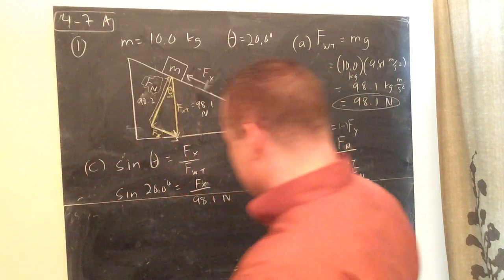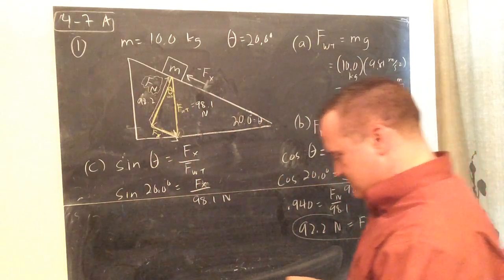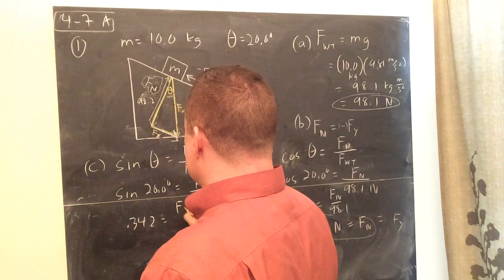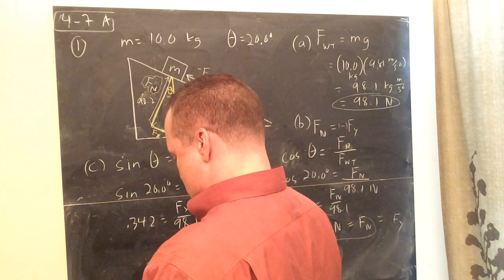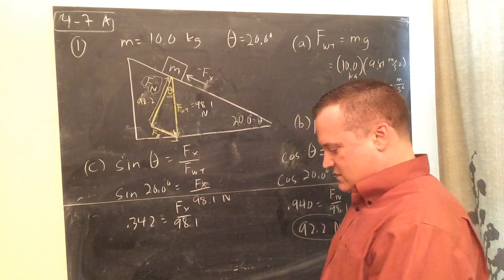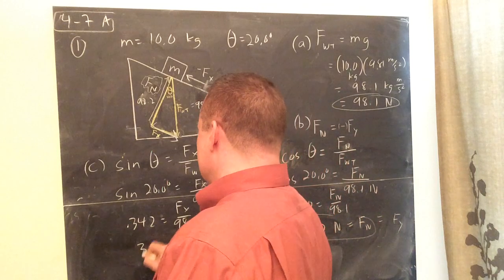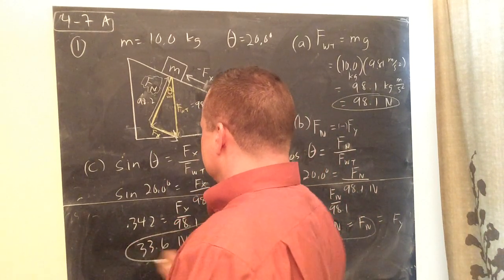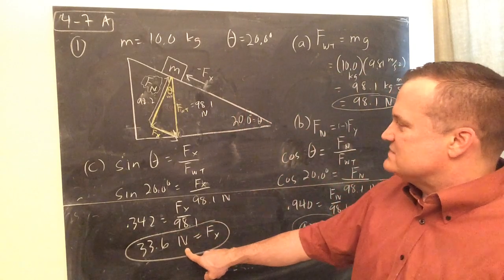We did that a moment ago, didn't we? Sine is 0.342 equals Fx over 98.1. Times 98.1 is 33.6 newtons equals Fx. 33.6 newtons is equal to Fx.